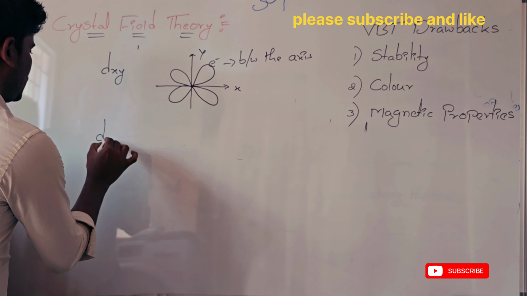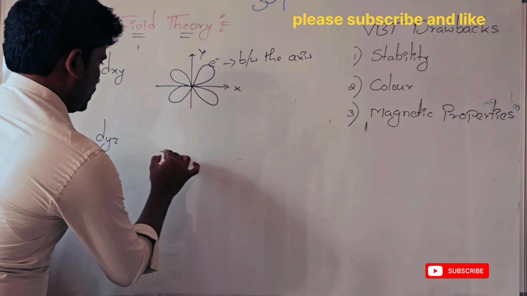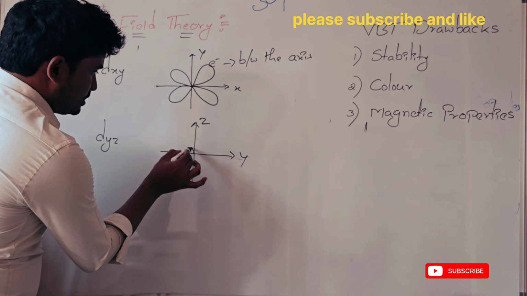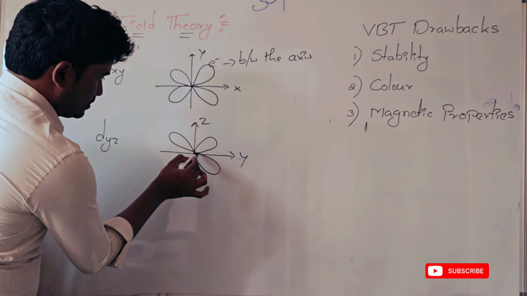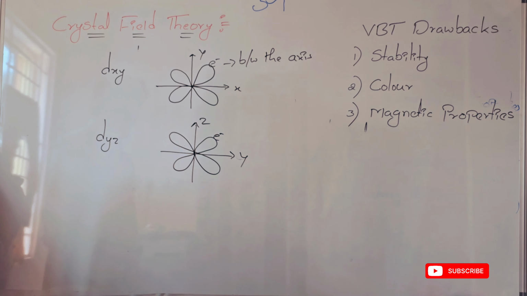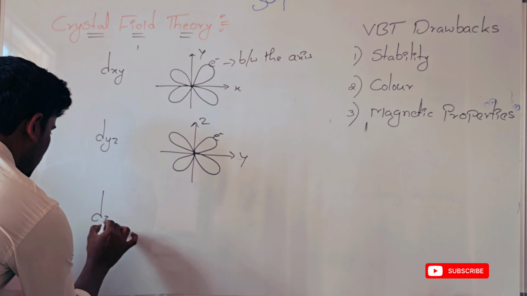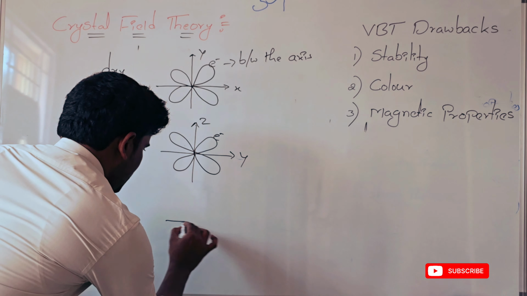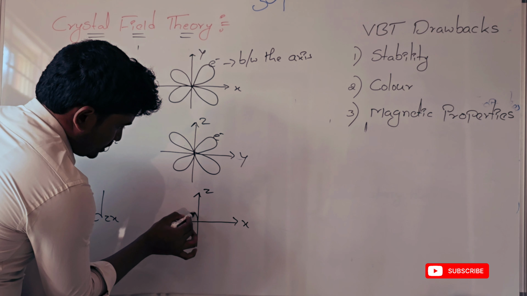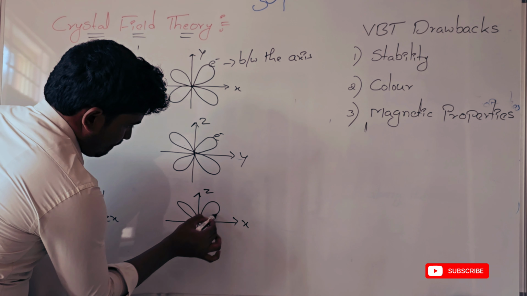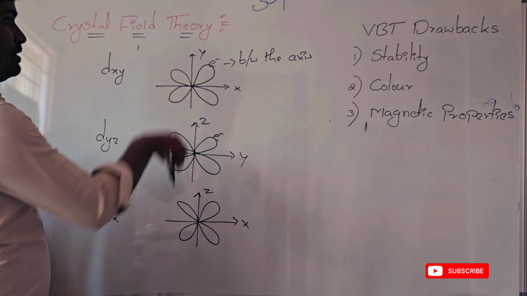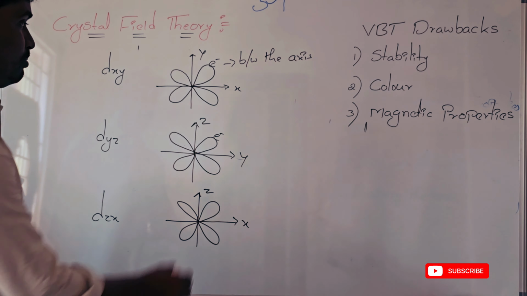Another orbital is dzx, with the x-axis and z-axis. In these three orbitals, electrons are revolving between the axes.